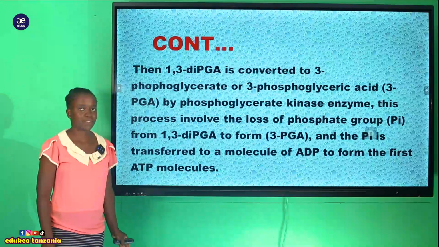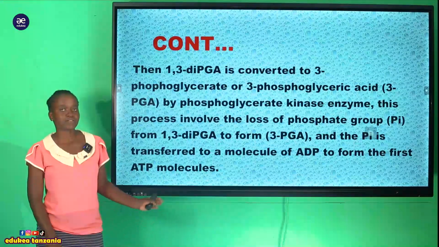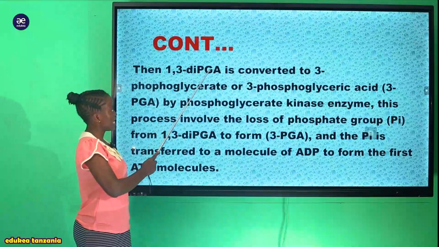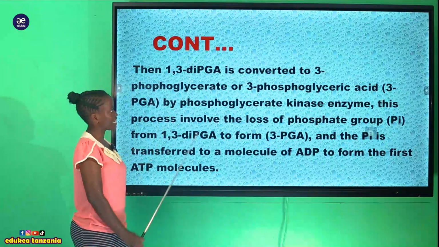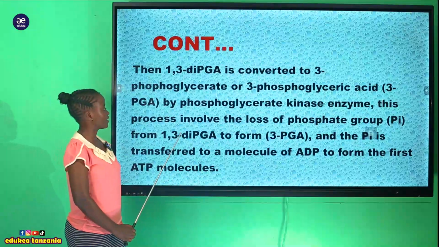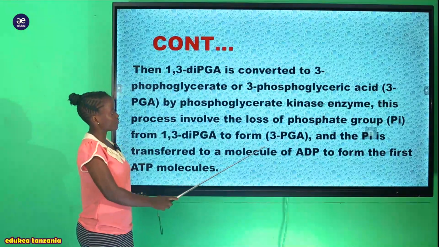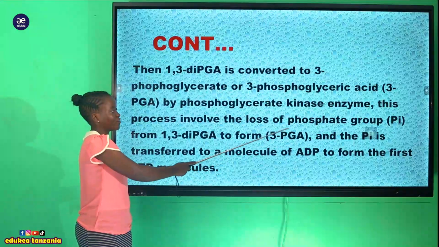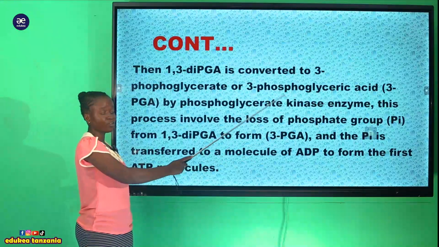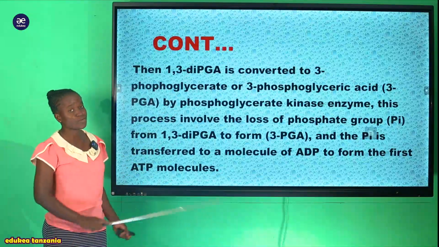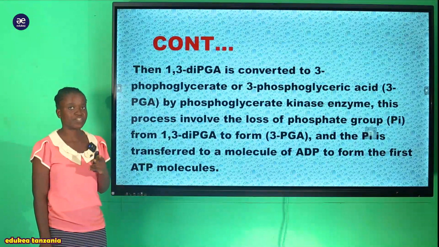So this is what is happening. So ATP is generated here, in the sense that when we convert our molecule, that is 1,3 diphosphate, we get this molecule called 3-PGA. So this 3-PGA, under the conversion, means that we remove the phosphate group. Remember here we have di, meaning that we have 2 molecules of phosphate group.